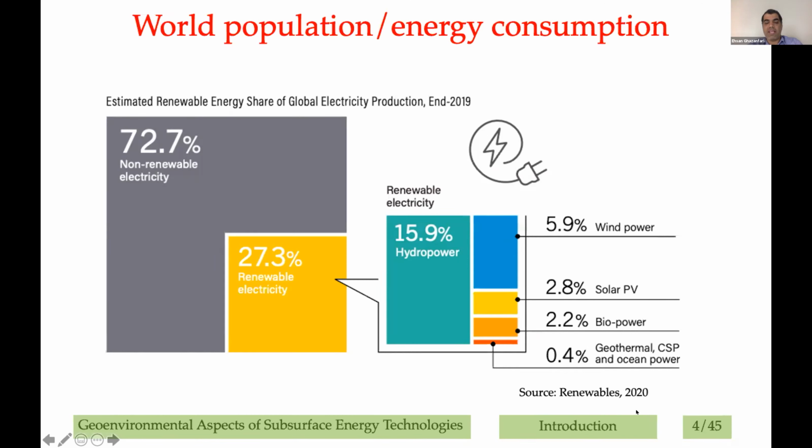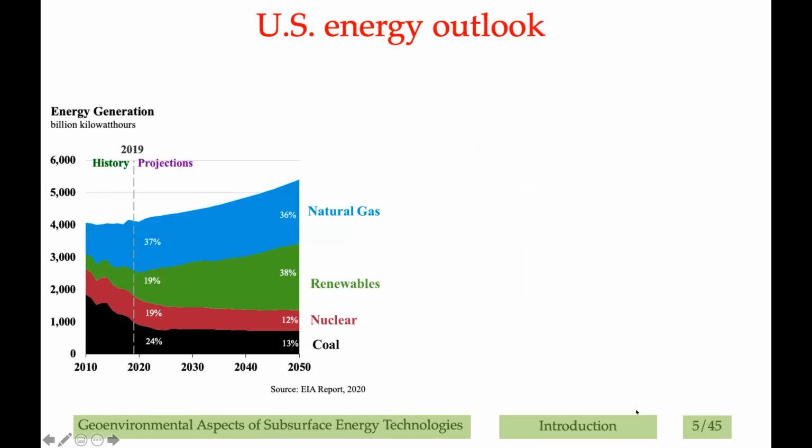But the reality is that in different parts of the world, in different countries, there is still that large gap. But as geotechnical and geoenvironmental engineers, when we think about the sustainability, we have to come up with some creative ways, some new ideas, and push for more renewables in the future.